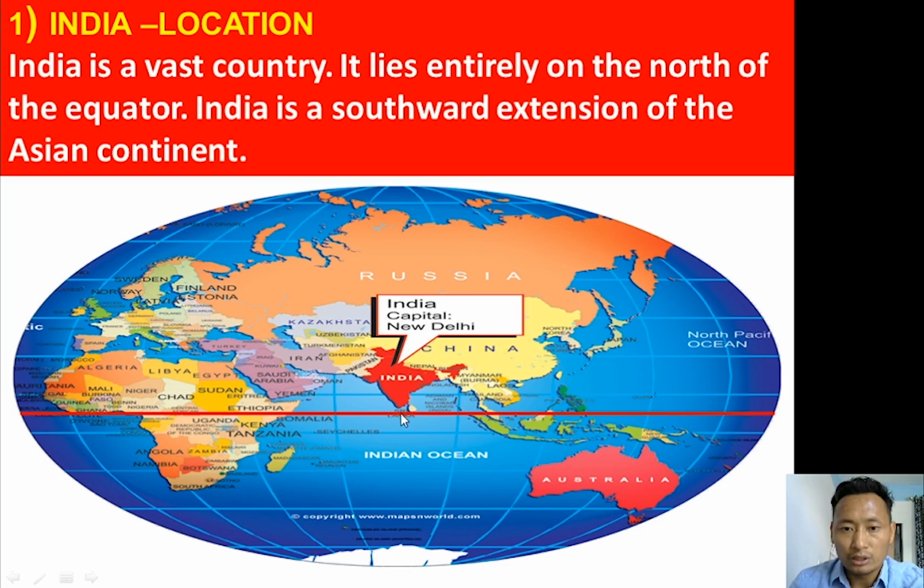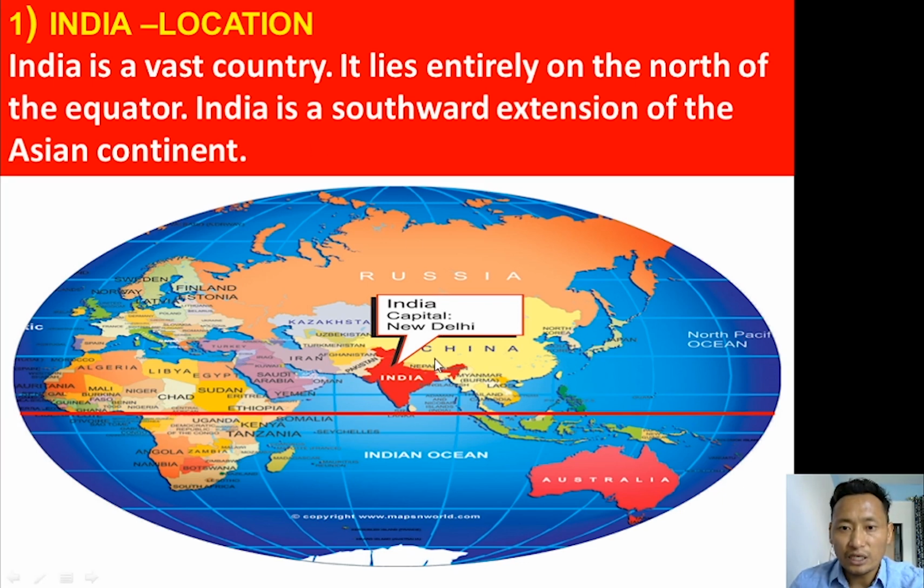This particular latitude divides the world into two equal parts. North of the equator is called northern hemisphere. South of the equator is called southern hemisphere. So the equator divides the world into two hemispheres, northern hemisphere and southern hemisphere.